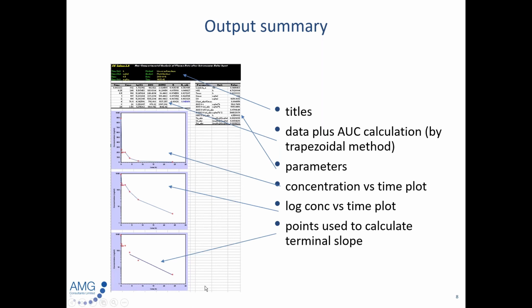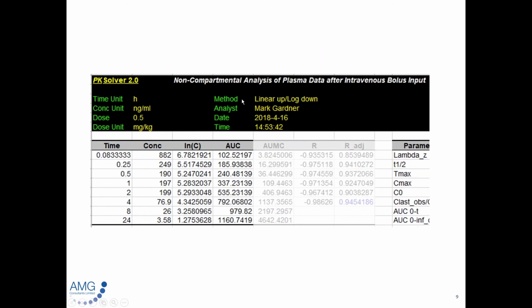In a bit more detail, this is the title, and you get your data repeated, and then it also shows you the natural log of the concentration and the AUC using a trapezoidal method. We'll come back to that in a minute because there are some options about how you do that calculation. Then there are some other parameters here, which I'm not going to go into too much detail about. There is more information in the paper and the installation notes.